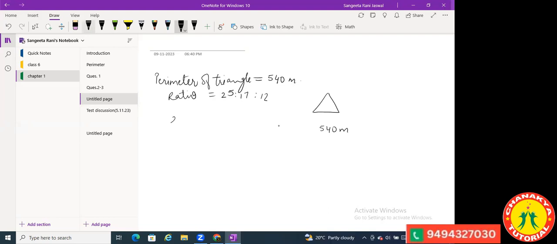let's write here. Side of, not square, it's a triangle.